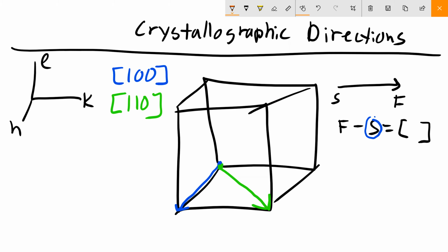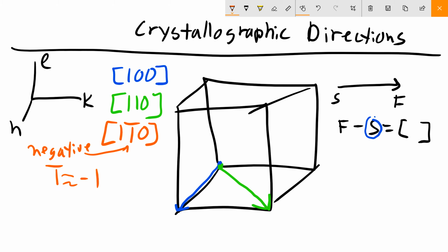Well, let's draw that one. Let's do [1 1 0] with a bar. You see how I used a hat here for our negative notation? So the hat over the number means it's equivalent to -1 here, or the same thing, -2.